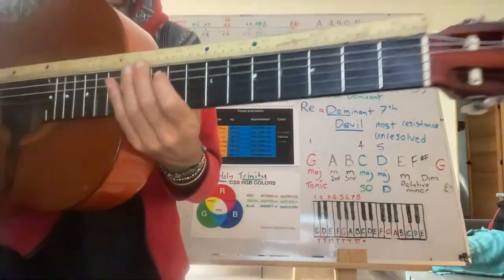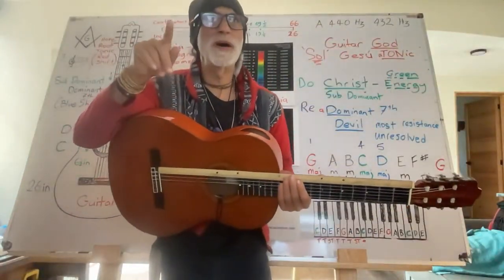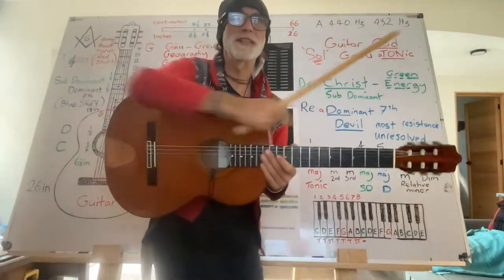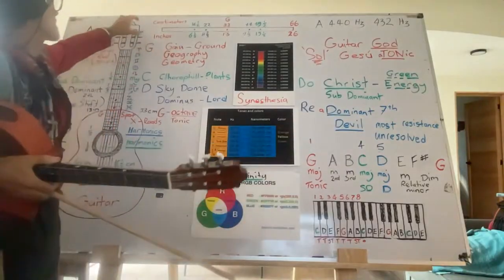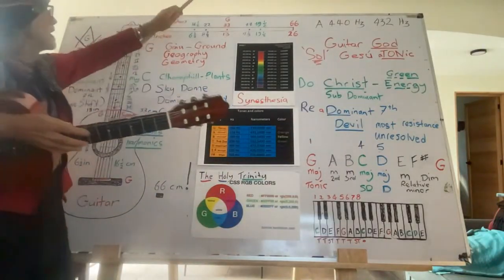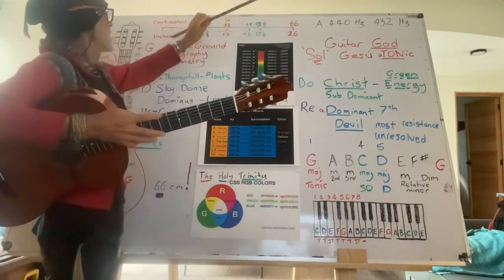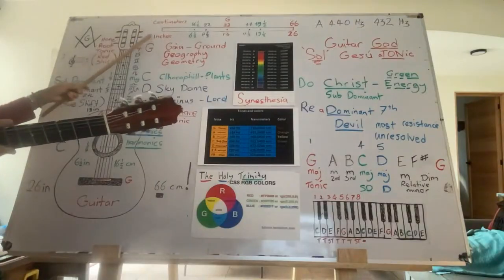But rest assured, if you go by the 66 centimeters length, there's a lot more magic. Because what you'll find is, as I have above here, this is my ruler. Okay? And what you have here is centimeters above and inches below.